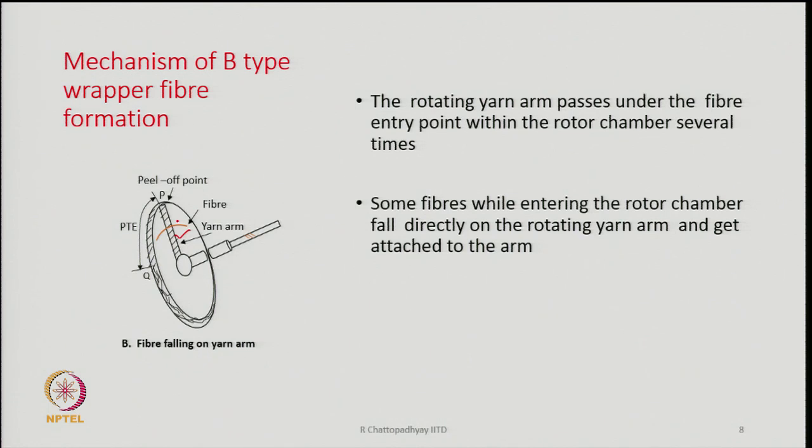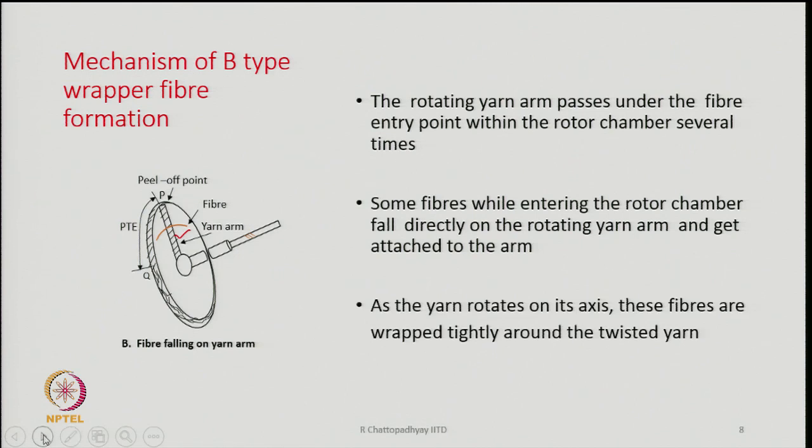It may happen for some fibers, and if it so happens, the yarn arm is already twisted. So, if a fiber lands on it for whatever reason, because the air within the rotor is also a kind of vortex, some fibers may finally land on the yarn arm. The yarn arm is rotating with respect to the yarn axis, and also rotating with respect to the rotor axis.